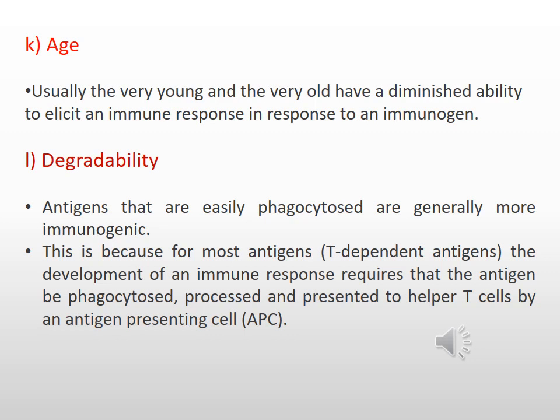These types of antigen are more potent than antigens which cannot be phagocytosed or degraded easily. Because most antigens, that is the T-dependent antigens, require for proper development of immune response to be phagocytosed, processed and presented to the APC and then fragmented to elicit the response. This degradability is very important for proper expression of antigenicity.